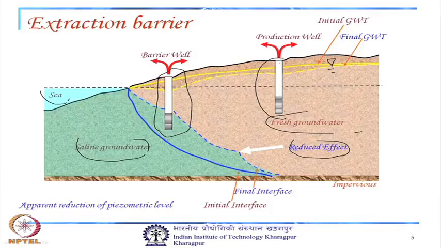We can safely use our production well for some amount of extraction, but there should be sufficient limits or caps so that we can check the saltwater intrusion. So, this is the original interface, and this is the final interface after the seawater intrusion.